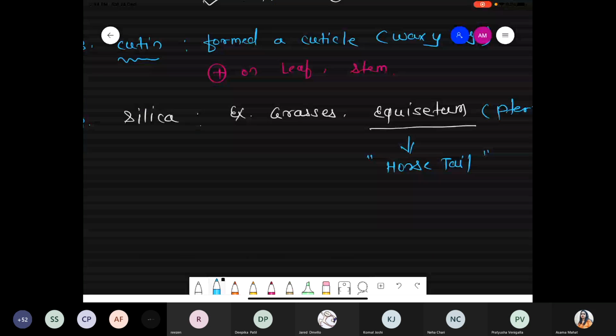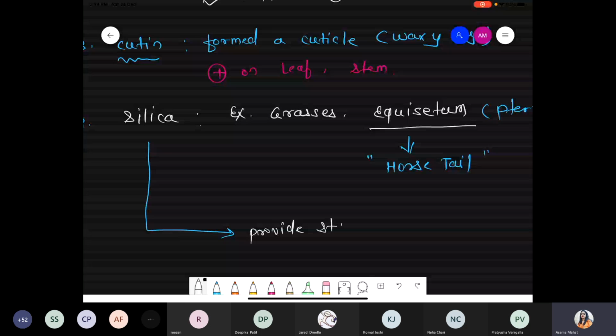Silica just provides stiffness because it's quite hard. That's why it is involved during the protection process.